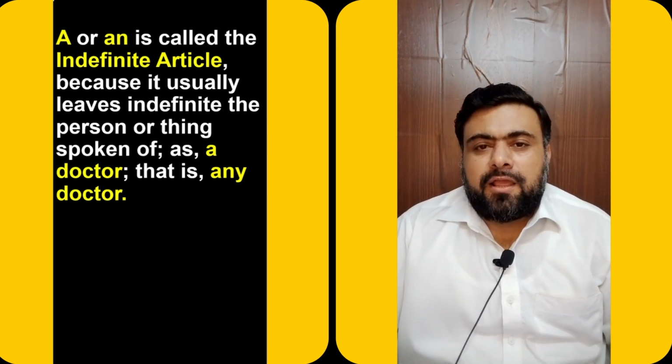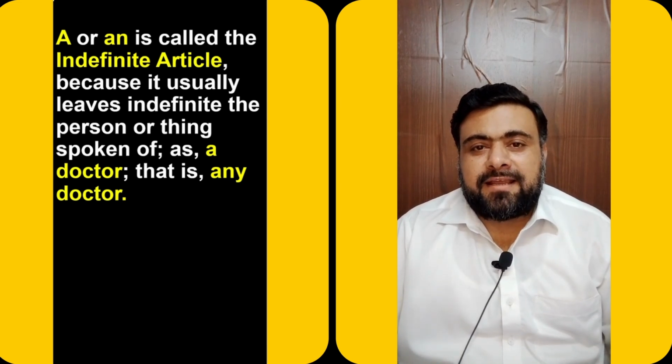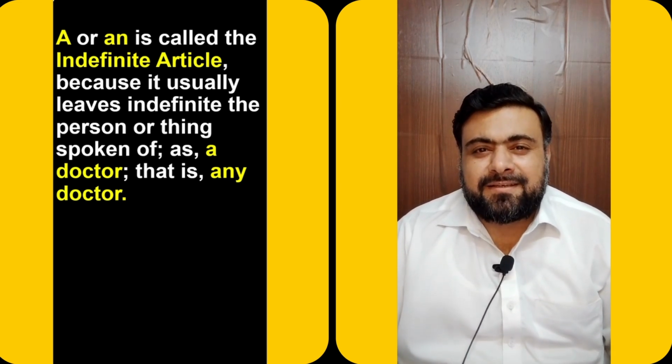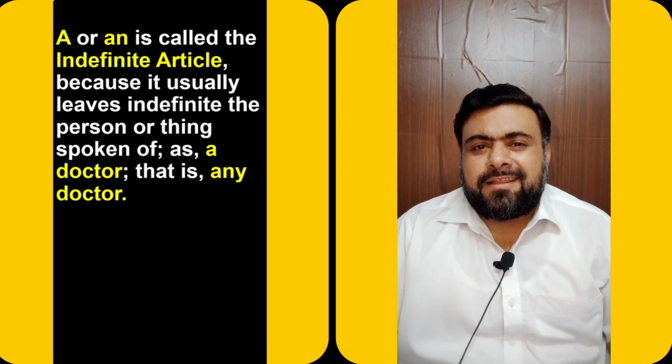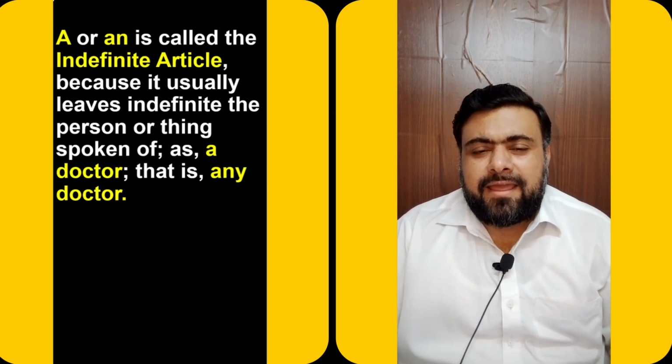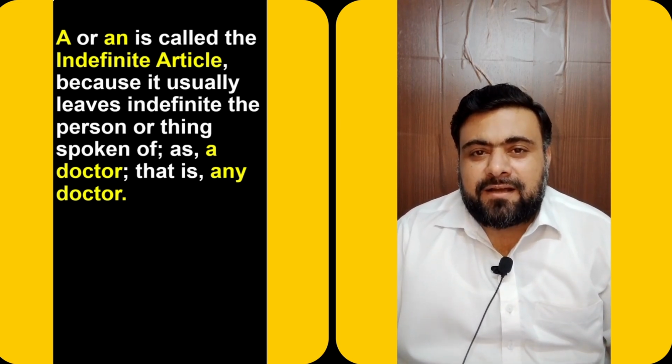For example, if I say a doctor, I mean any doctor. It is indefinite. The identity or the determination of the doctor is indefinite. I'm not talking about a particular doctor. I'm talking about any doctor. So the article a or an is an indefinite article.